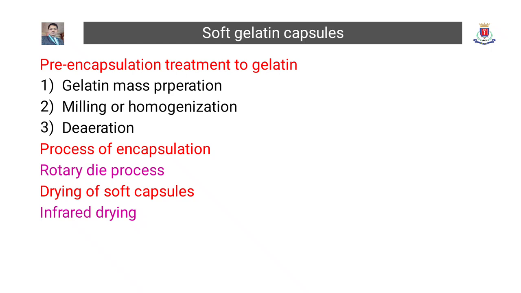Deaeration is the step followed by homogenization. All the mixtures are subjected to deaeration, and particularly so if the encapsulation machine is equipped with a positive displacement pump. Deaeration is necessary to achieve uniform capsule fill weights.